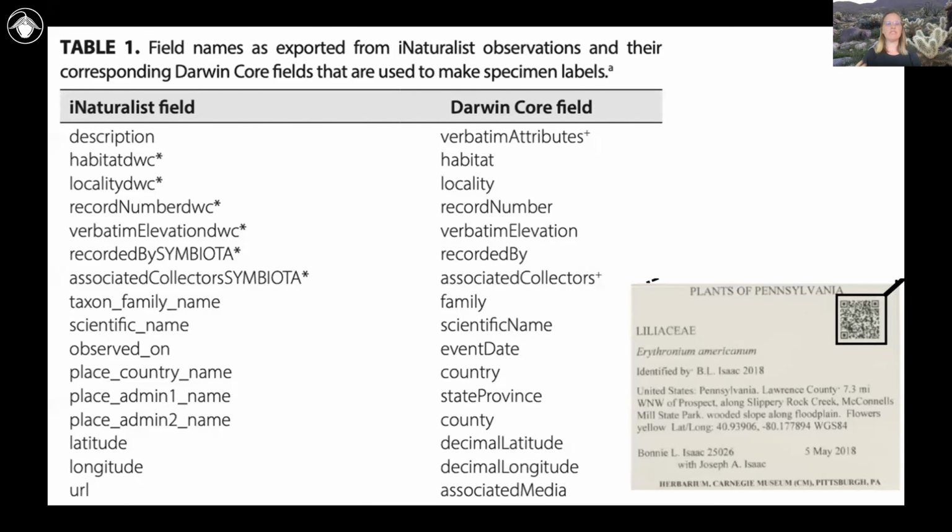But the nice thing about these data is they are kind of universal, the way these data are collected, and they can be moved into lots of different formats. And this paper also has a method for putting a QR code onto your specimen, which is not something that I've done, but that's kind of a nice trick.